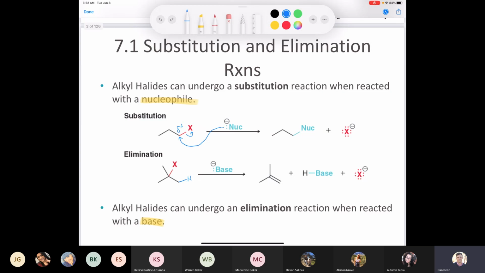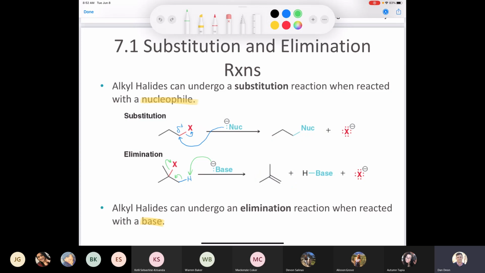So sometimes we call this dehydrohalogenation, which I'll talk a little bit more about later on. The base is going to remove the proton, and then we're going to have the loss of the leaving group simultaneously. So it's kind of three steps in one here. We're doing a proton transfer, loss of leaving group, and we're forming this pi bond, which is manifested over here in this molecule. This is called isobutylene.